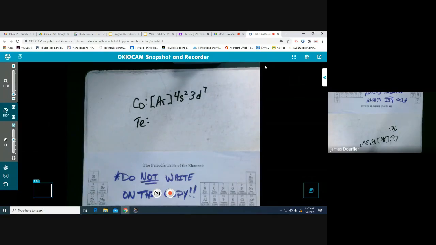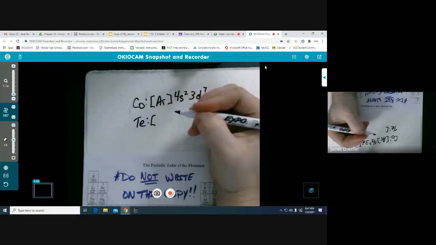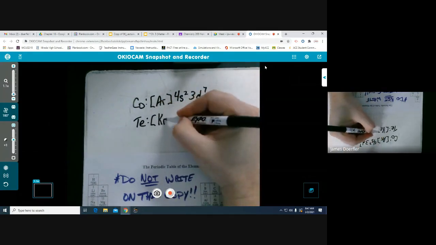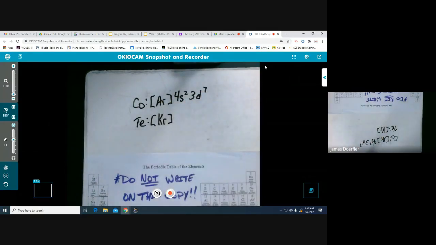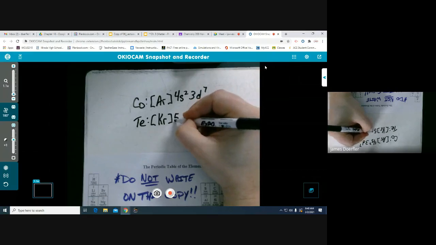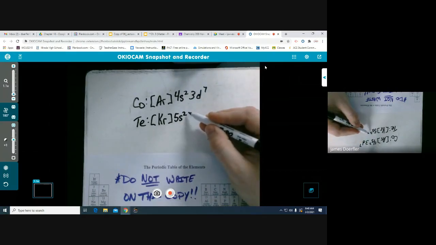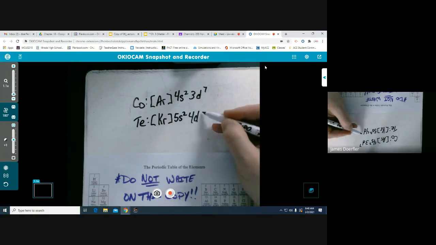All right, is everybody done? What noble gas element am I going to use? Krypton. And so as a class, take me through it. What do I write first? Continue on. 4d what? 10.